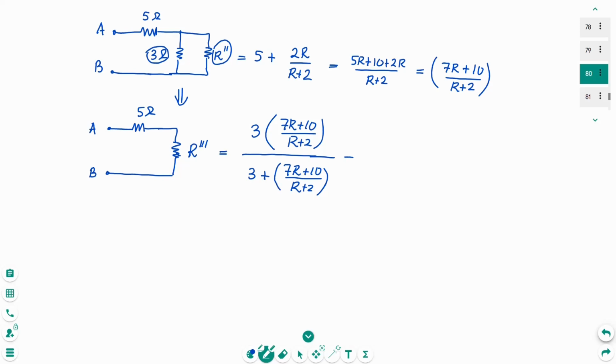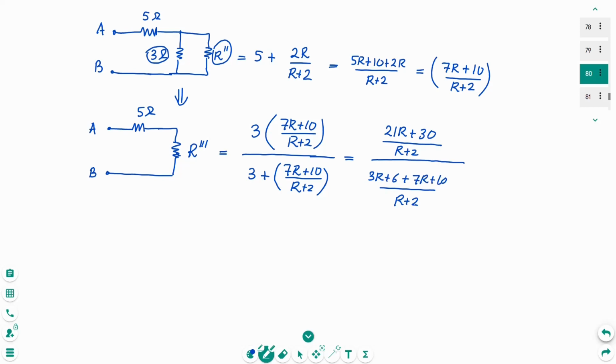So let's simplify. We have a common denominator, R plus 2, and in the numerator I have 21R plus 30. In the denominator I again have a common denominator R plus 2, and in the numerator I will have 3R plus 6 plus 7R plus 10.